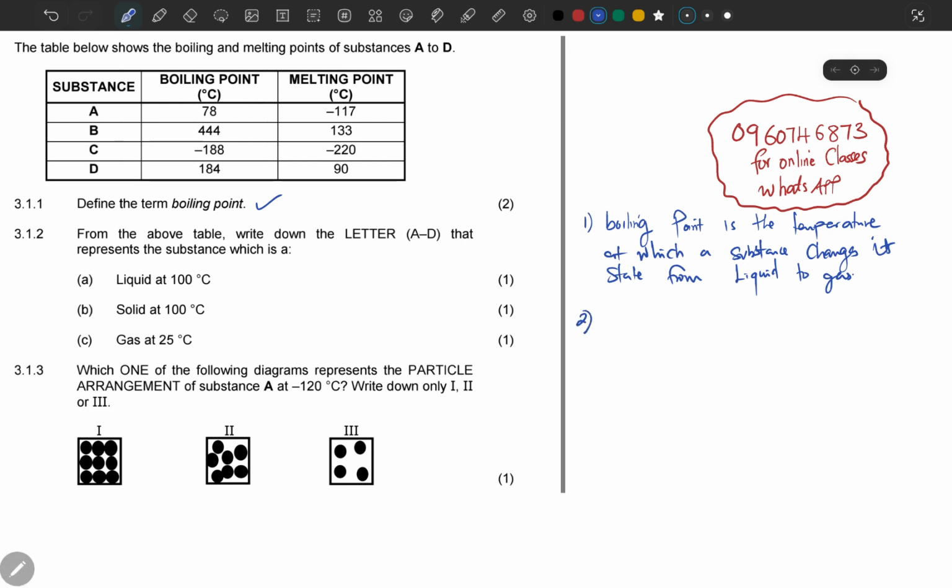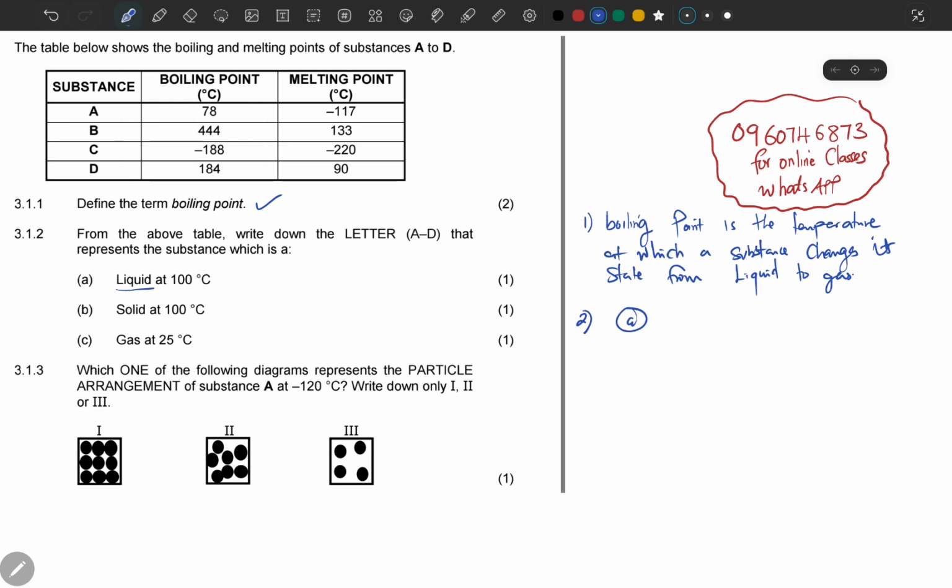Now, next is from the above table, write down the letter A to D that represents the substance which is a liquid at 100 degrees Celsius. So here, A, B, C, D, which one is a liquid at 100 degrees Celsius? Pay particular attention first. Look at the boiling point.